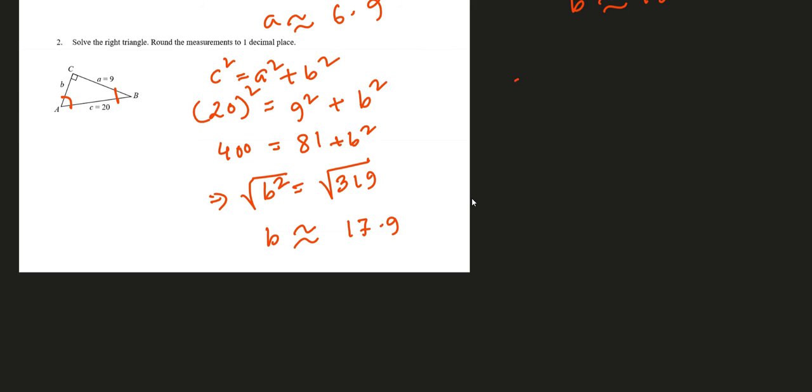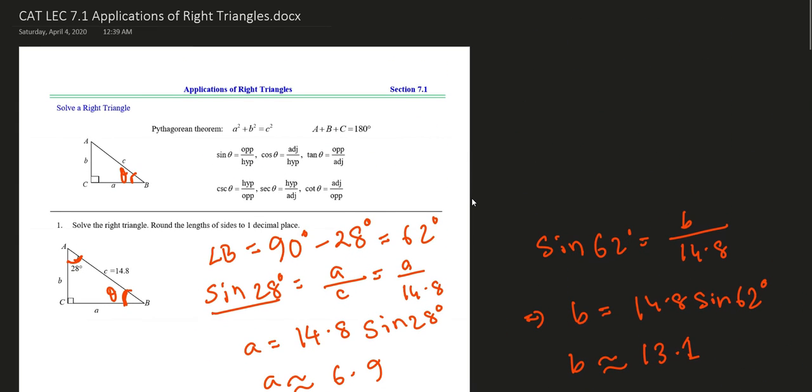So cosine B equals 9 over 20, and from here we get B equals cosine inverse of 9 over 20, and if we use the calculator, we get an approximate result of 63.3 degrees.